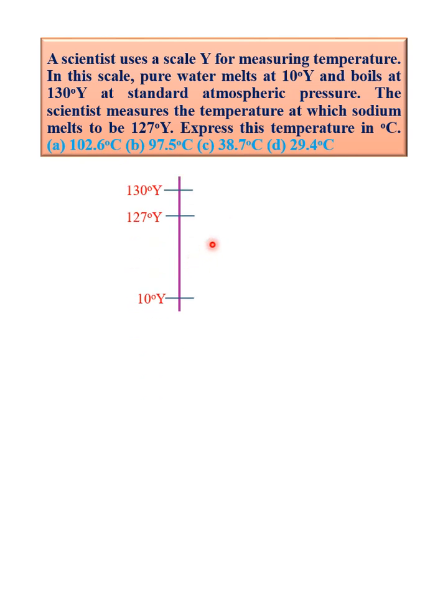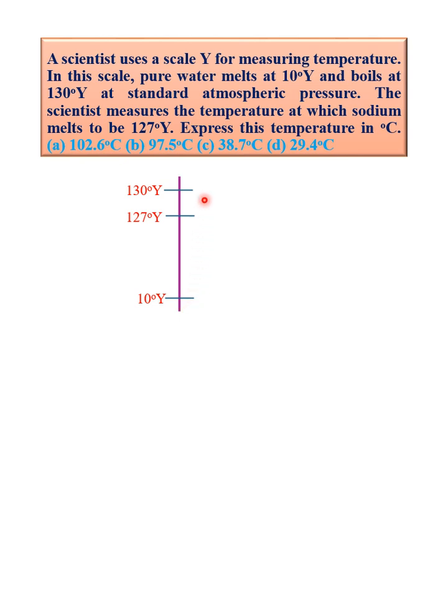We are told that the boiling point of the Y scale is 130 degree Y, while the melting point is 10 degree Y. However, in between 10 and 130 degree, he measured a temperature of 127 degree Y. Now, we are told to convert this temperature of 127 degree Y into a temperature in degree Celsius scale.